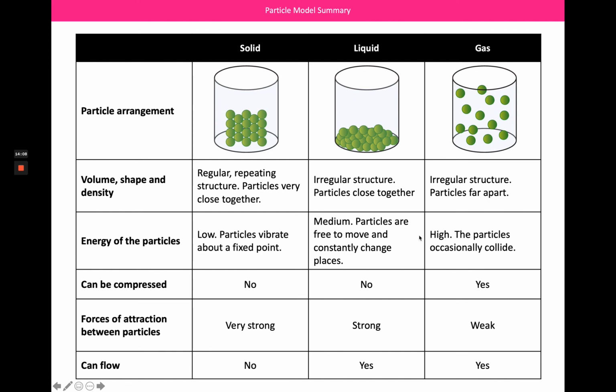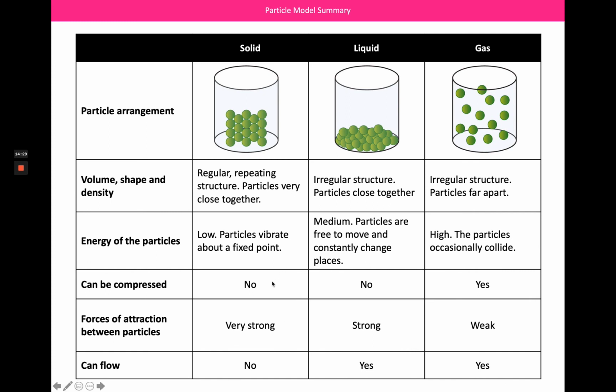We're just making this comparison between each other. What we're saying is the energy of the particles in the liquid state of a substance is greater than the energy of the particles in the solid of the same substance, and then the energy of the same particles in the gas form of the substance would be highest.